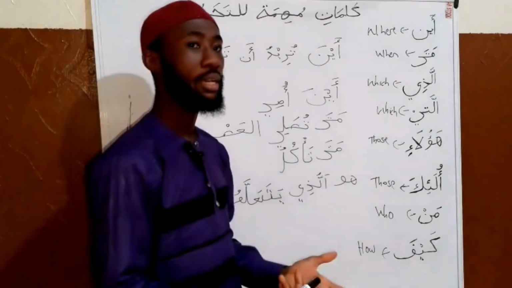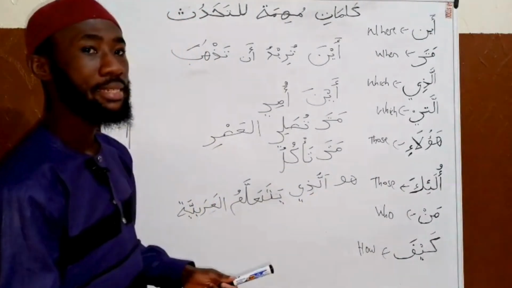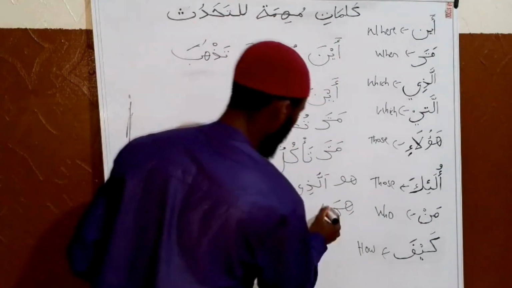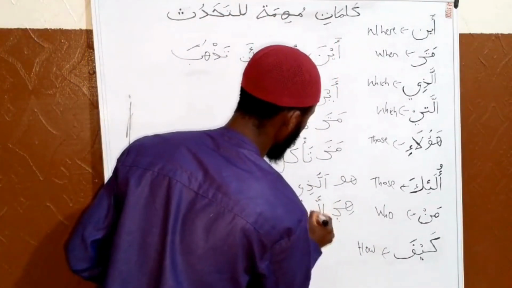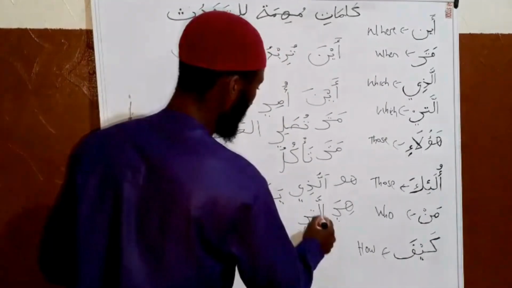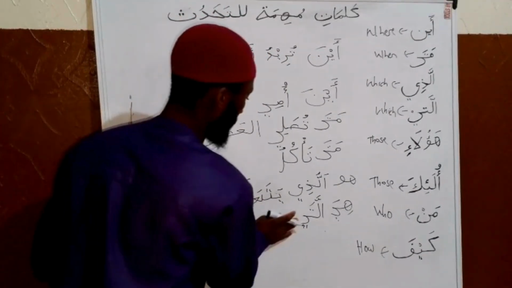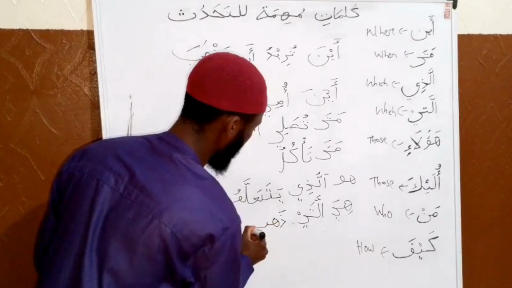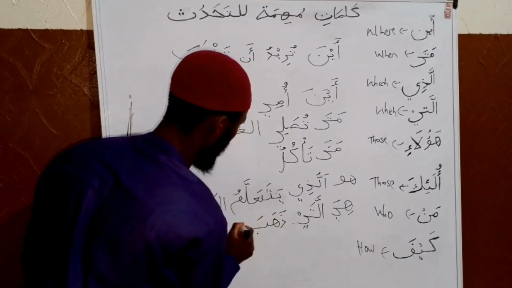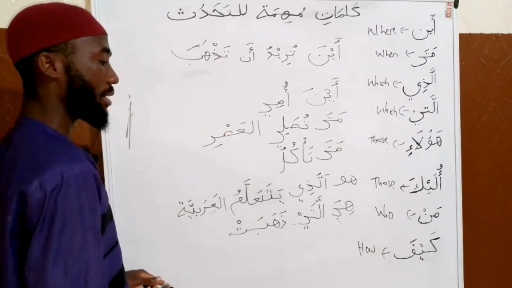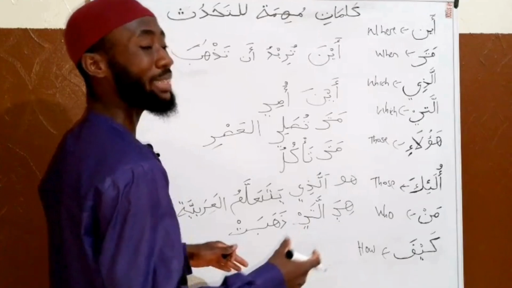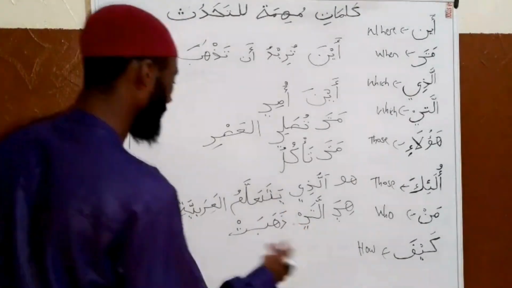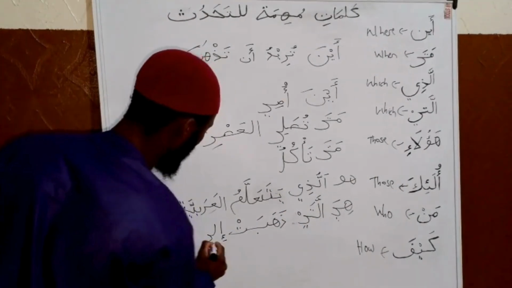Now allati, that is hiya allati, that's for the female. Hiya allati dhahabat, that is, she is the one that went to, ila al-masjid, let's use masjid.